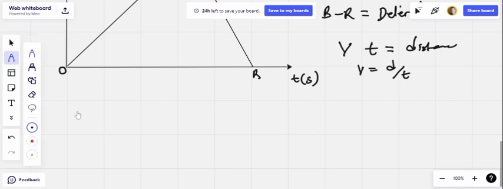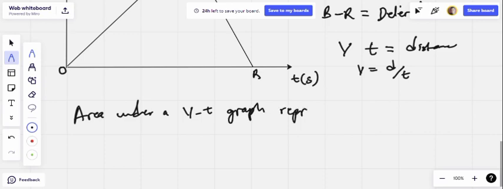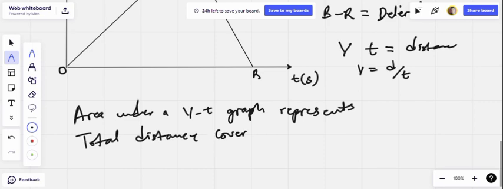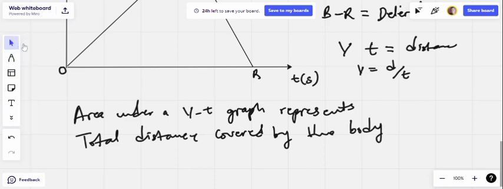The area under a velocity time graph represents total distance covered by the body.